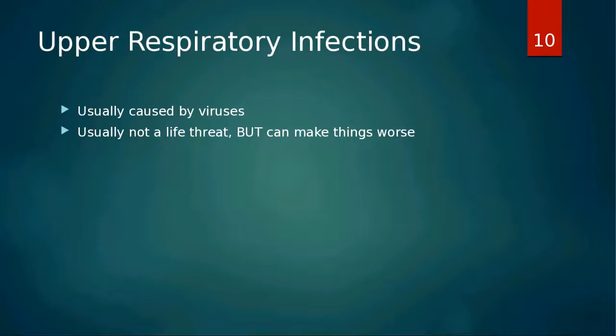Infection on the tonsils will cause white blood cells to respond, and then you'll get the pus on the back of the tonsils. And so when you do your assessment, you may see the pus on the tonsils when you have them open wide. But like I said, upper respiratory infections are usually not a life threat, but they can make things worse.